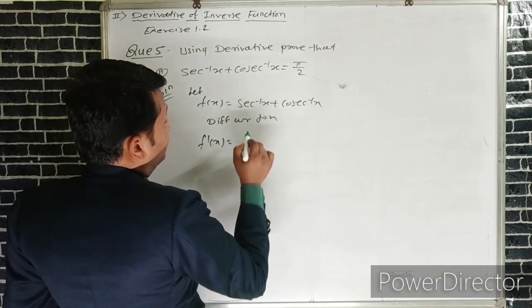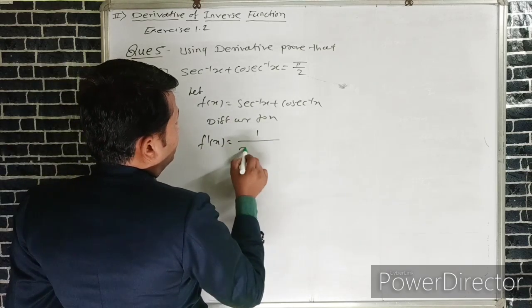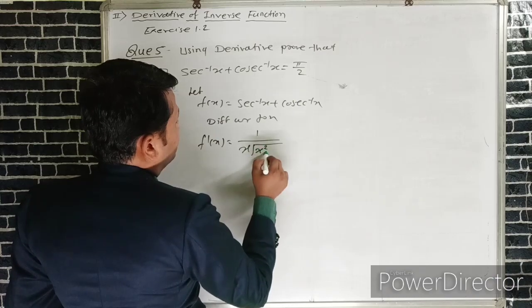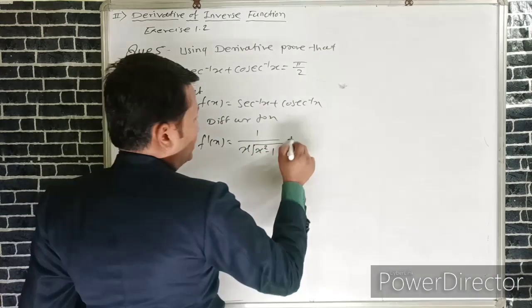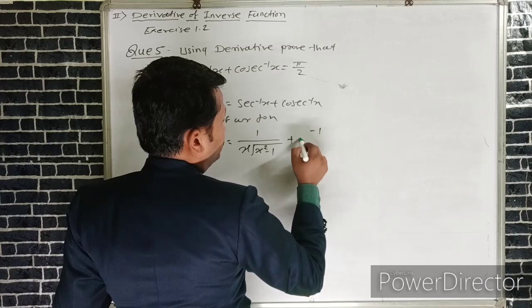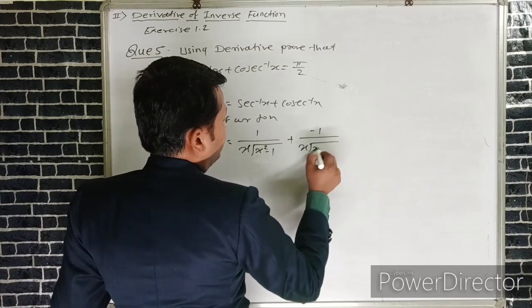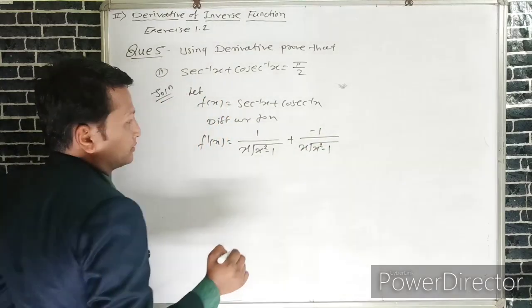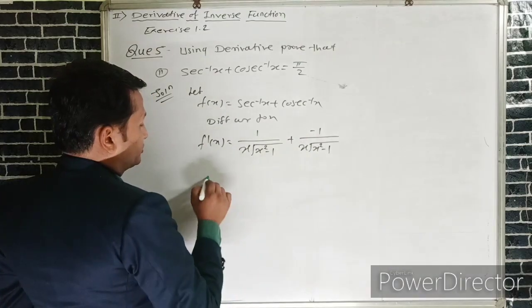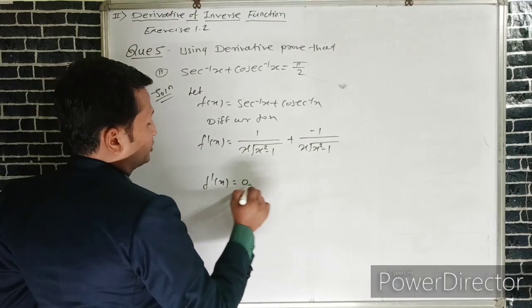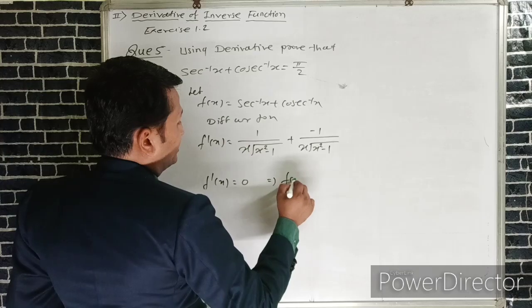The derivative of sec inverse x is 1 upon x under root of x square minus 1, plus the derivative of cosec inverse x is minus 1 upon x under root of x square minus 1. By adding both terms, we get f dash of x is equal to 0, which implies that f of x is also constant.